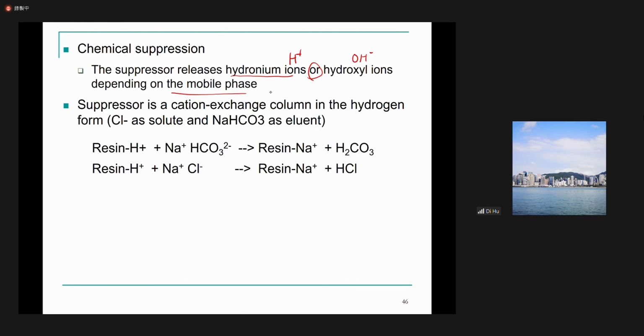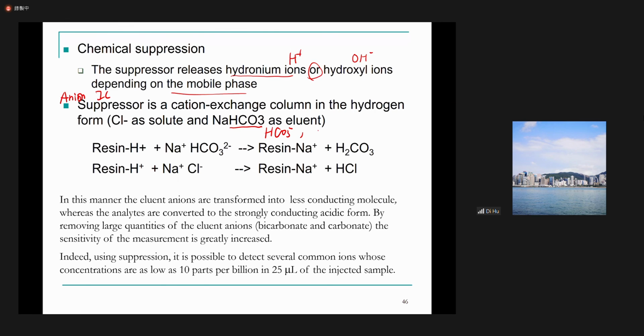Now first we talk about ion chromatography, anion IC. For anion IC, we want to reduce bicarbonate and carbonate, and at the same time we want to increase fluoride and chloride.